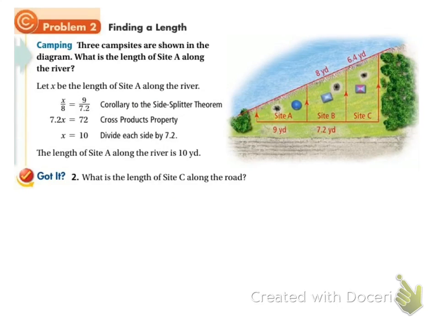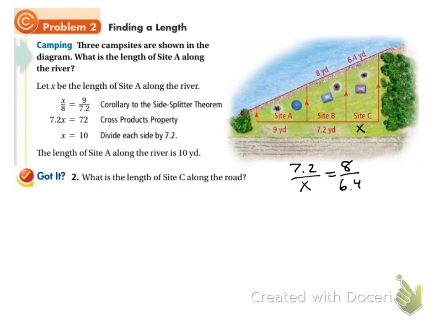So let's try using it here. So we're going to have to use it twice, right? I can use these two and these two, and then I can do it again using these two and these two. So I'm going to call this x. So we get 7.2 over x equals 8 over 6.4.